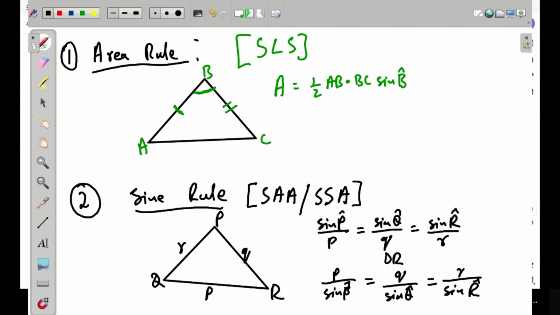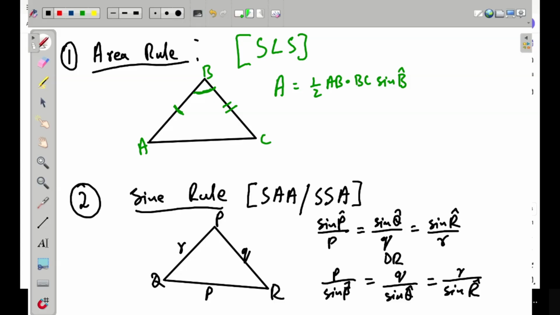But what is also important with the sine rule is to watch out for what we call the ambiguous case. And I just want to give you an illustration of that, like how to be aware of the fact that you are dealing with the ambiguous case of the sine rule here.